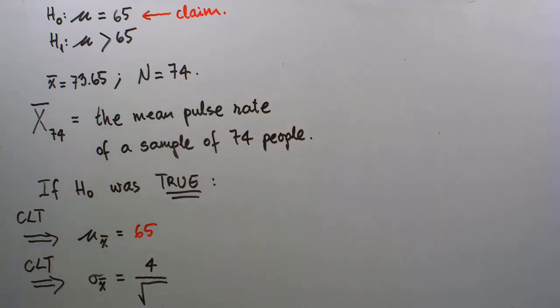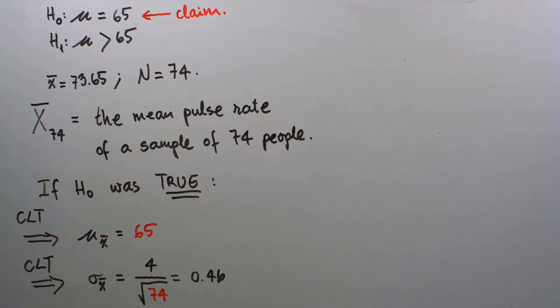So now I am going to substitute 74 into my square root expression. Unless being specified otherwise, usually for sigma X bar, I'm using 2 decimal places. And so here we're looking at sigma X bar being 0.46.